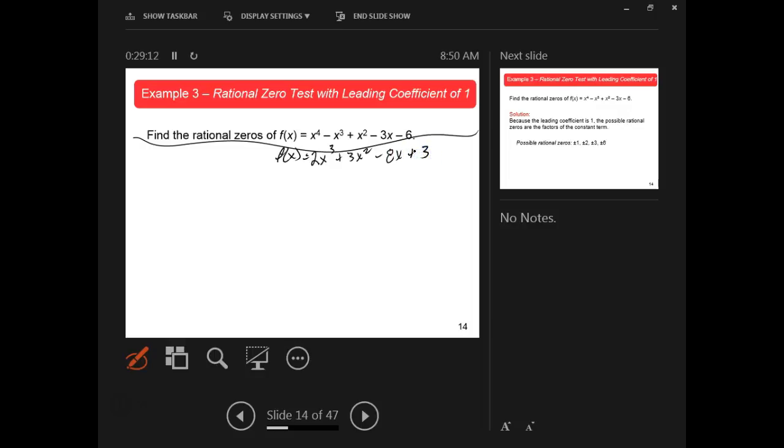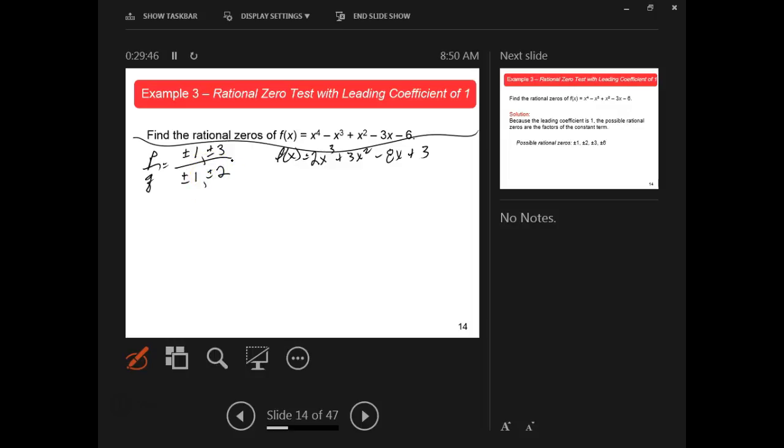All right? Where would you begin? Okay. You're looking for a p over q, where p is all the possible factors of 3, which are plus or minus 1 and plus or minus 3. And your denominator is plus or minus 1 and plus or minus 2.